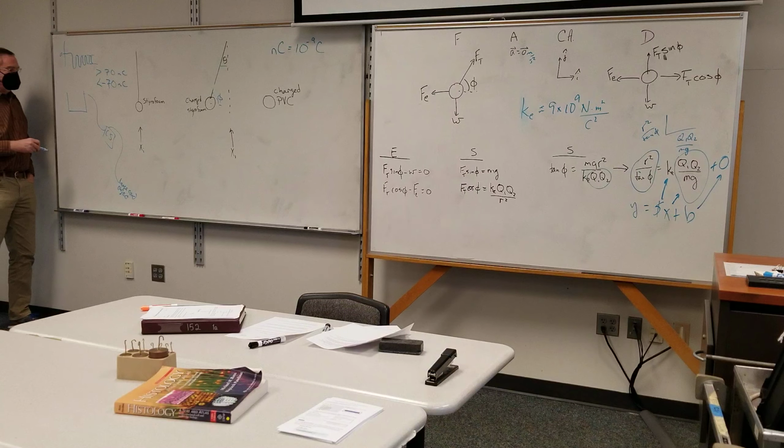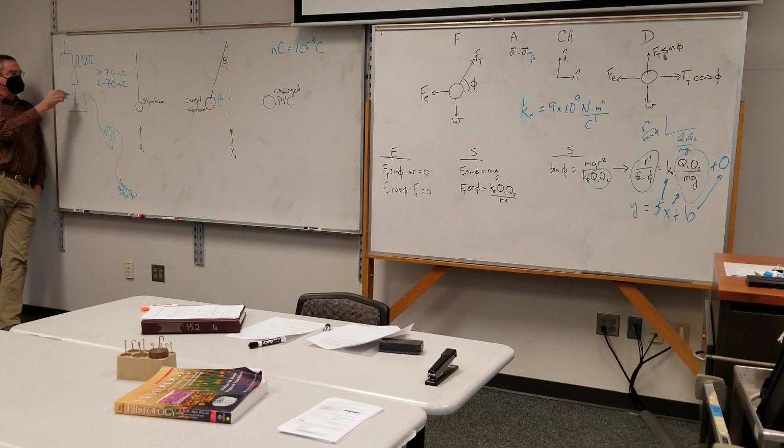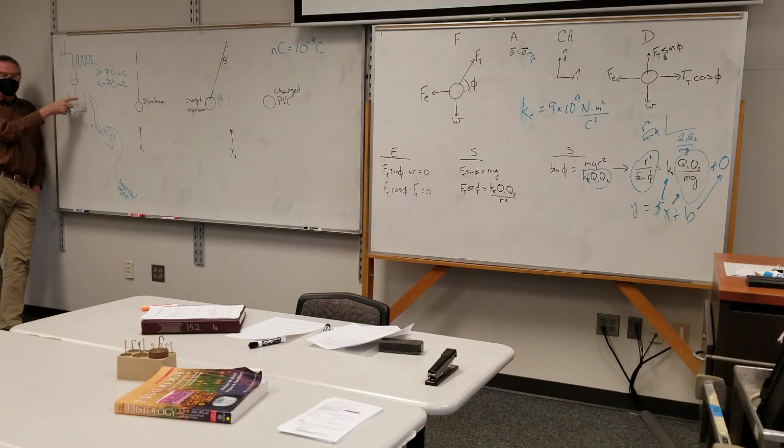Questions before I talk a little bit about what this charge sensor is actually doing? All right. So when I have the can here and I take the piece of PVC, I dip it in, what's happening is that the charge sensor is measuring the charge that's flowing one way or the other. So if this is negatively charged, then electrons are going to flow this way from the can itself.